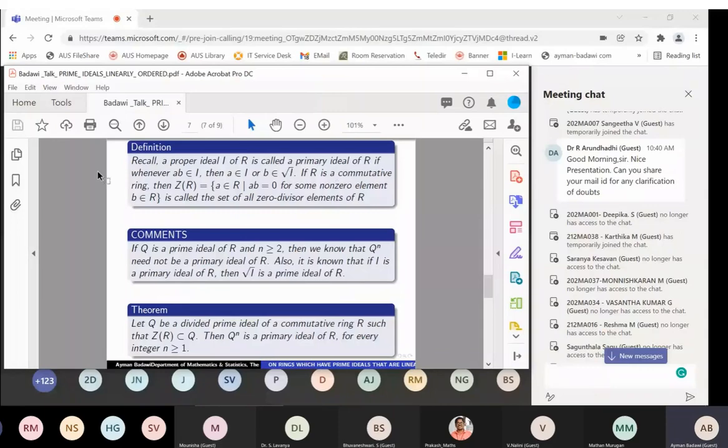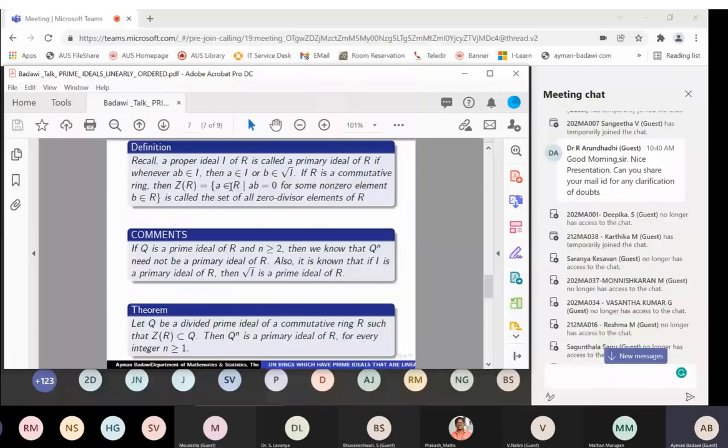If R is a commutative ring, then the zero divisor elements are the elements a in R where ab equals 0 for some non-zero element b in R. Okay, and here is an observation.